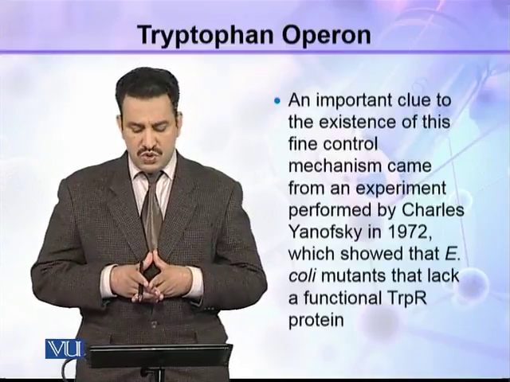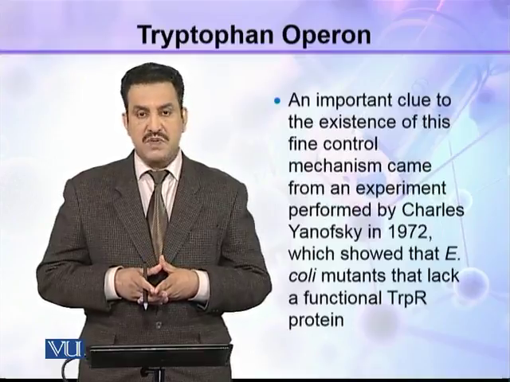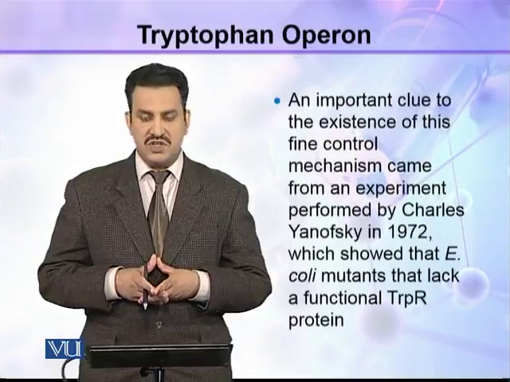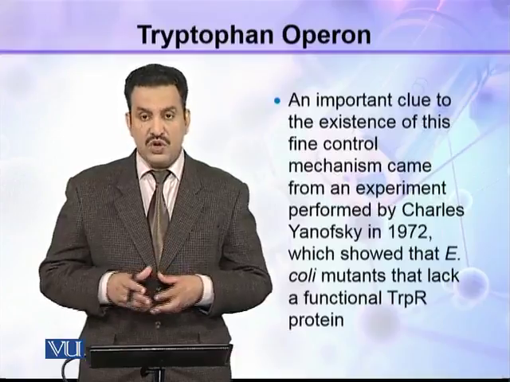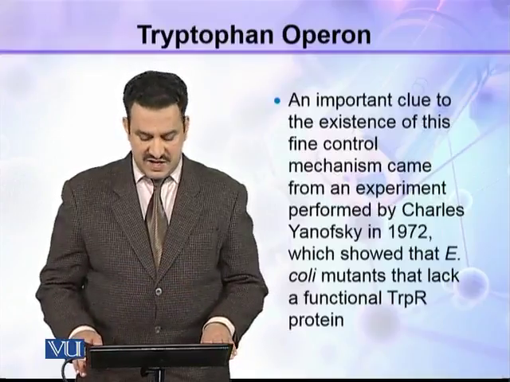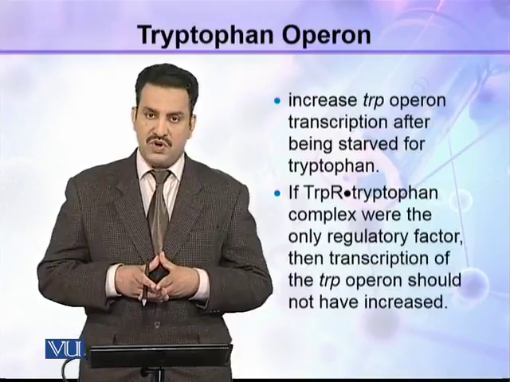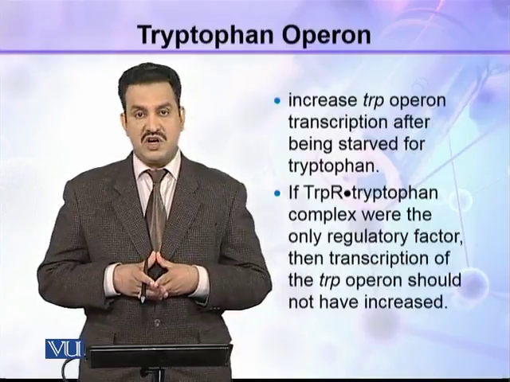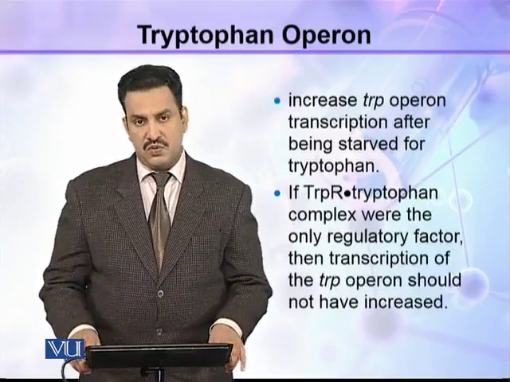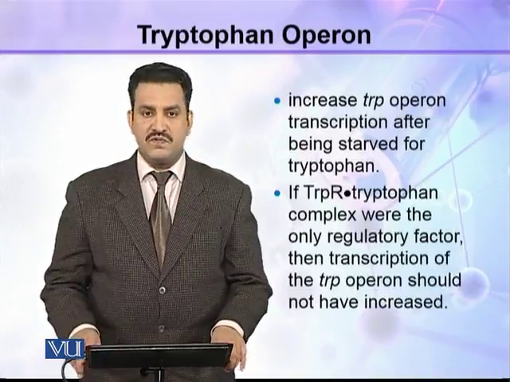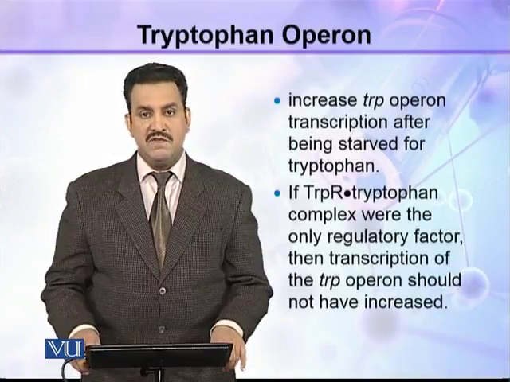An important clue to the existence of this fine control mechanism came from an experiment performed by Charles Yanofsky in 1972, which showed that E. coli mutants that lack a functional trpR protein increase trp operon transcription after being starved for tryptophan. If the trpR-tryptophan complex were the only regulatory factor, then transcription of the trp operon should not have increased.